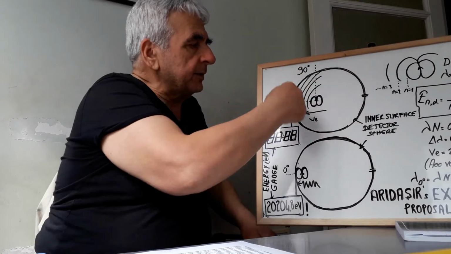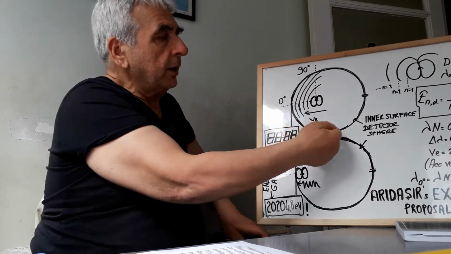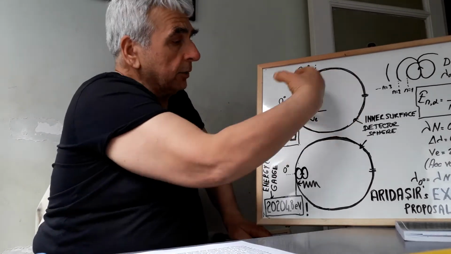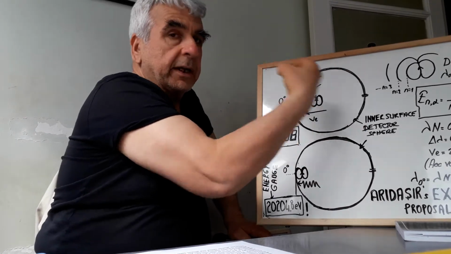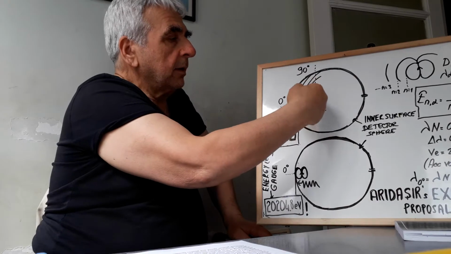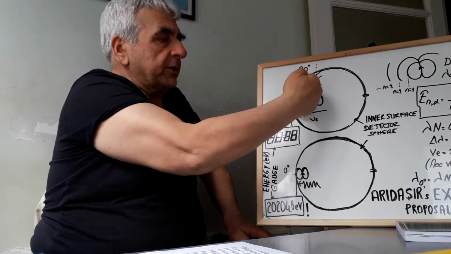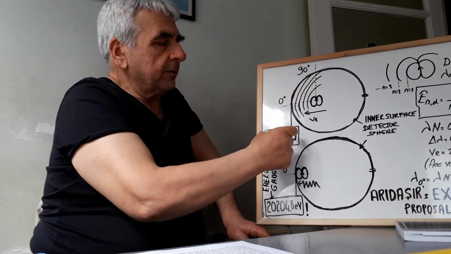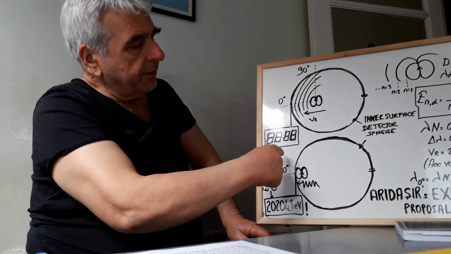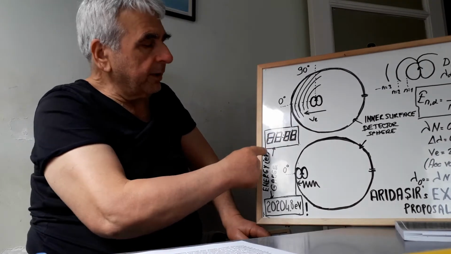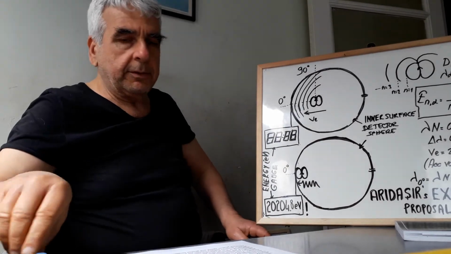But this is a sphere. Closed sphere, but the hull of the inner surface is the detector. When any wave strikes or touches the inside of that, I thought that there is a gauge, energy in eV. There is a gauge, okay?